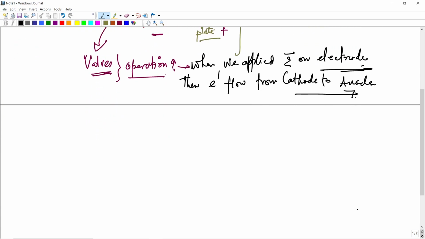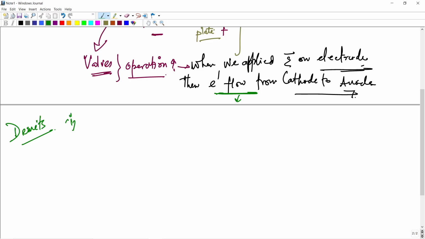So the demerits are very important. Why is the semiconductor device important? Because of the insufficiencies and demerits of valves or vacuum tubes. When electrons flow, heat is generated.